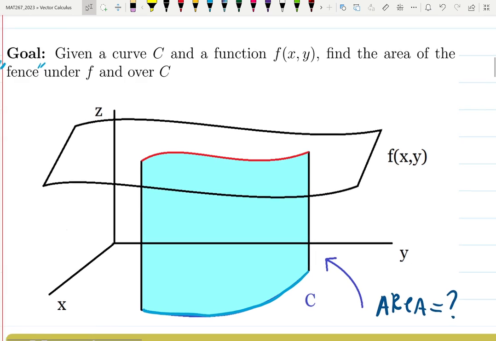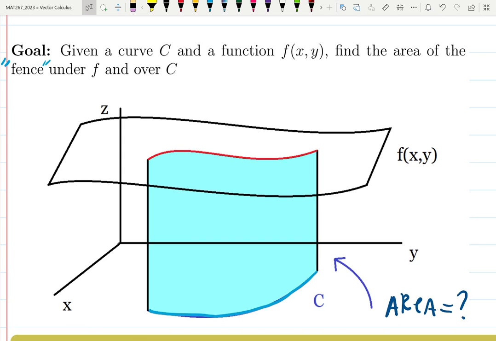The goal, write down: given a curve C, the C is the one on the floor, and the function f, that's the one in space, the three-dimensional object or function. Find the area of the fence under f over C. So f, and in blue is C. We have a three-dimensional object.